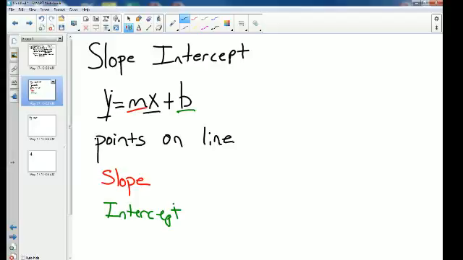The initial cost is going to be the y-intercept of the graph, which is going to be b. So we'll write this: y is equal to your slope x plus our initial expenses, which is b.